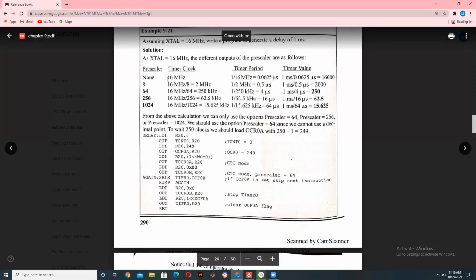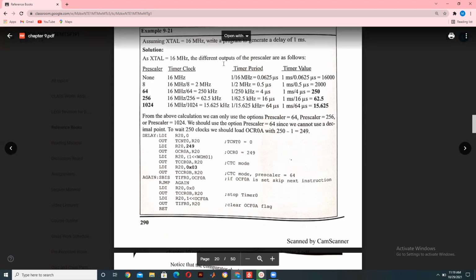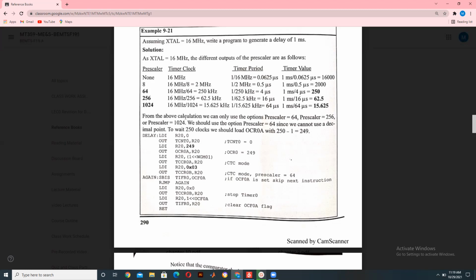Then, if the prescaler is 8, this value will become 8000 divided by 8 gives 1000 counts, with 64 we have 250, with 256 we have 62.5, and with 1024 we have 15.625. In this question we are not told about the prescaler, so from the above calculations we choose one. We use the prescaler of 64.